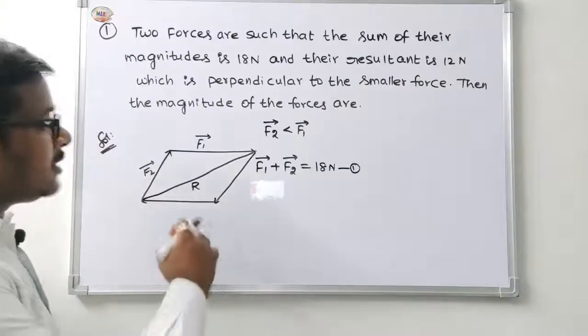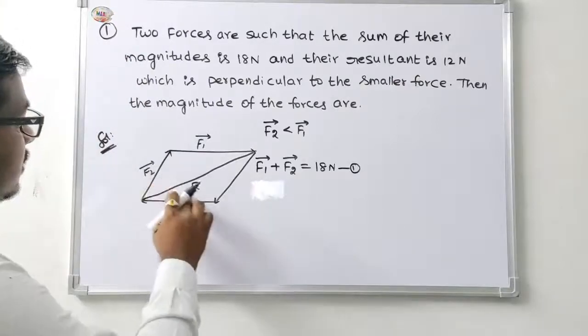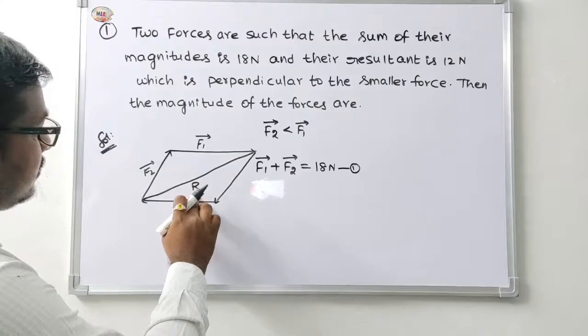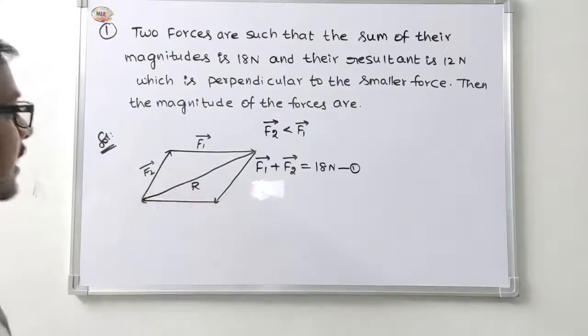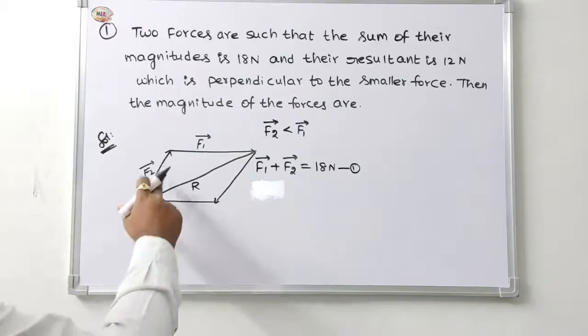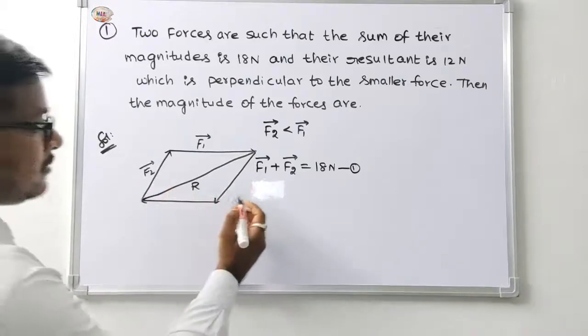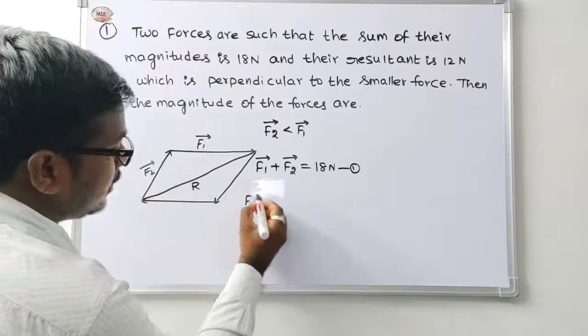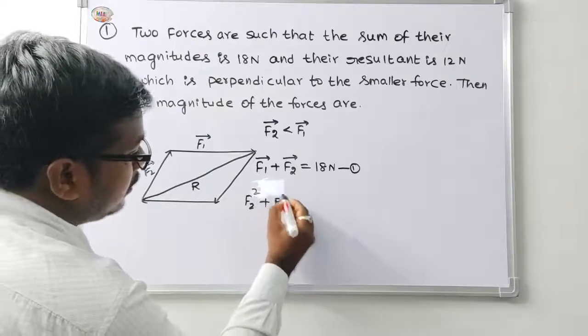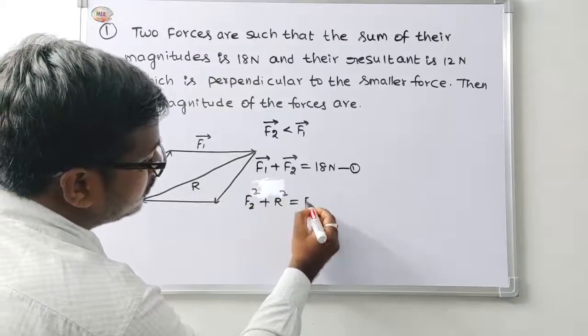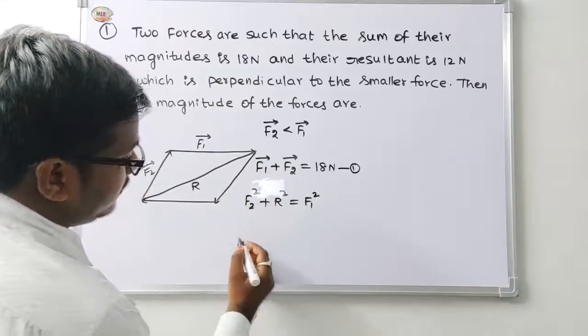In the right angle triangle, F2 square plus R square is equal to F1 square.